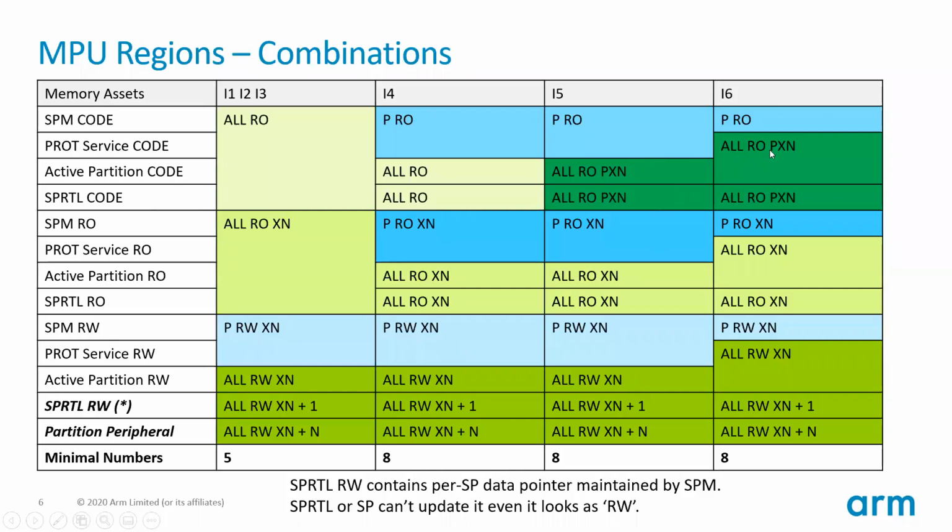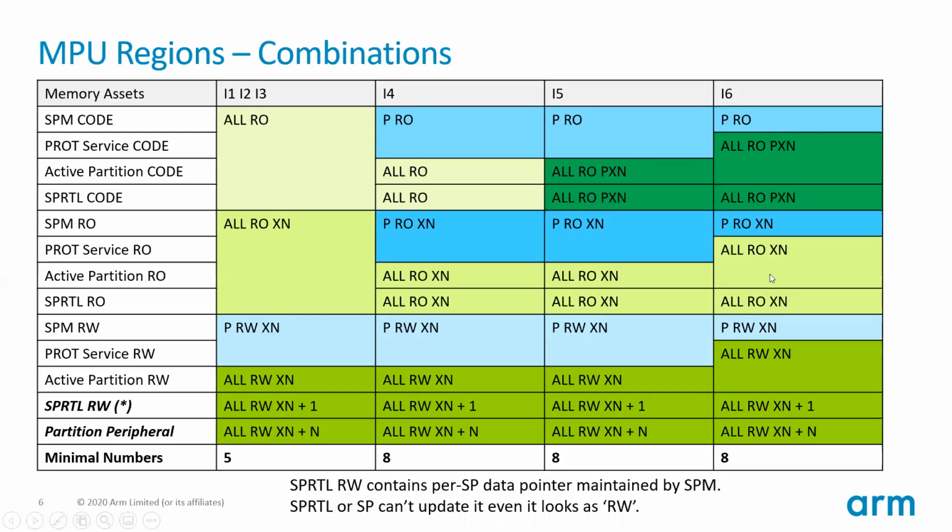I6 is still similar. The point is that SPM is an exception for the accessing. SPM has privileged read-only access, it has a dedicated region and it is running under the privileged mode. And the payload service needs to be run in another mode, which means that the payload service, which is not implemented as a partition, may need some other mechanism to implement.